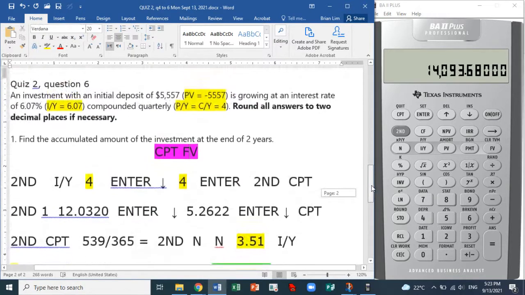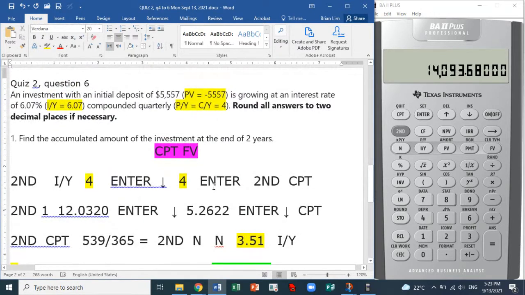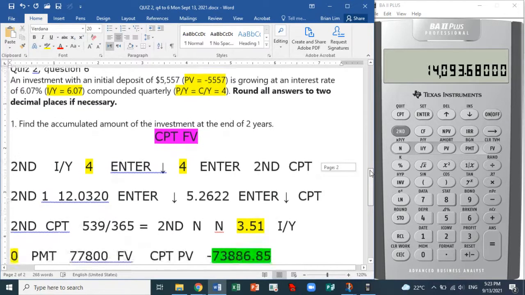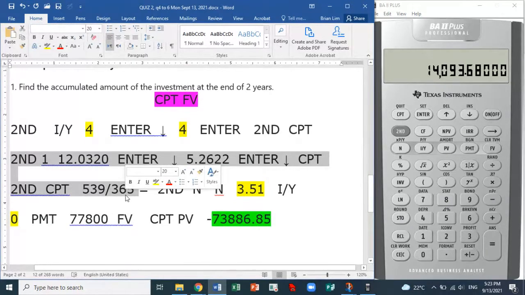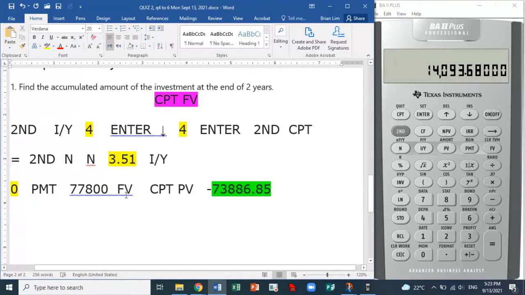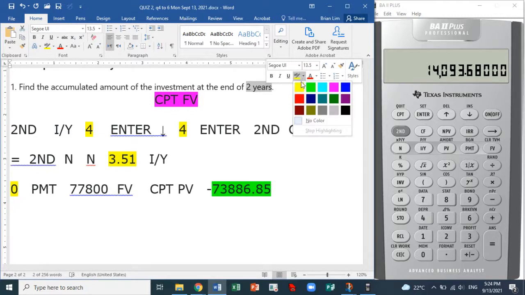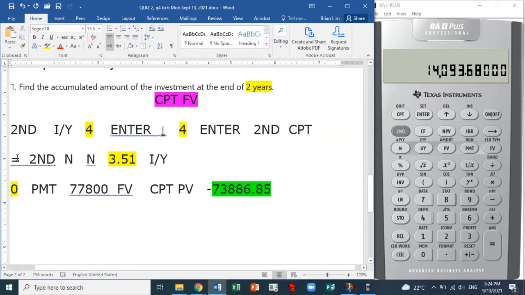So the PY and CY are 4. We don't need the second one as before. We need to get out of that part, but we don't need this part here. Okay, we can delete that part, and it is for 2 years. What's the accumulated value at the end of 2 years? All right, so we have 2 years.